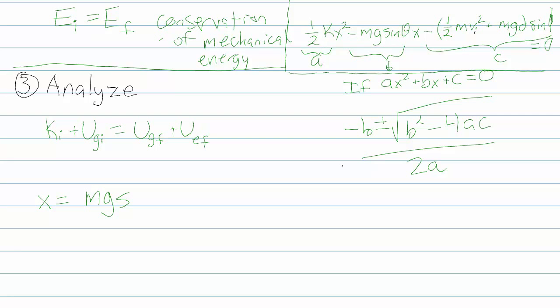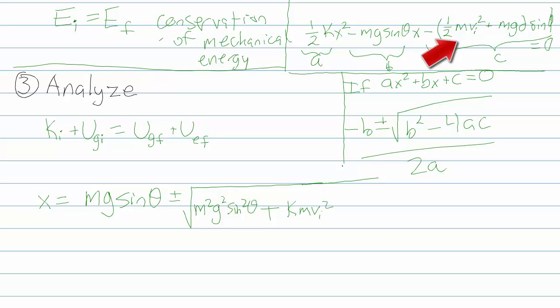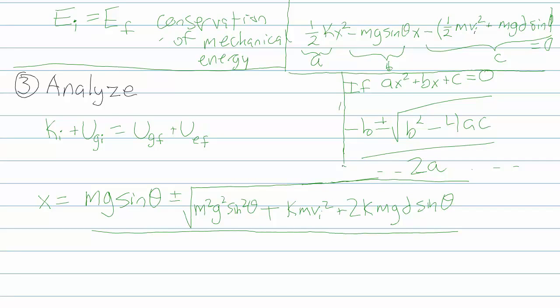So m g sine theta plus or minus, that's our minus b, plus or minus square root of b squared, so that's m squared g squared sine squared theta minus 4ac, which, well, 4a is just 2k, so distributing that through c, we'll get a plus k m v i squared plus 2k m g d sine theta, and all that over 2a, so that's just over k. And that's basically our answer.